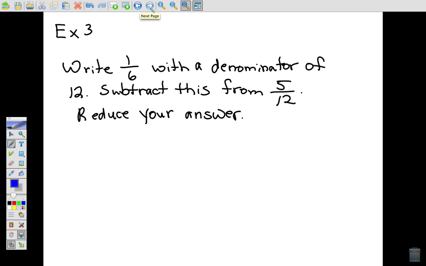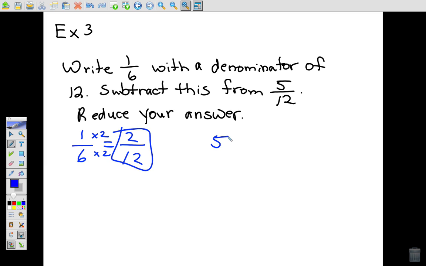Okay, let's take a look at the final example, example 3. It says write 1/6 with a denominator of 12. I'll do that first. So 6 times 2, take the top times 2, that's 2 twelfths, right? Subtract this answer right here from 5 twelfths. So I'm going to take 5 twelfths and subtract 2 twelfths from it.